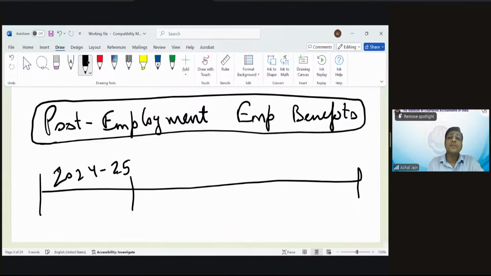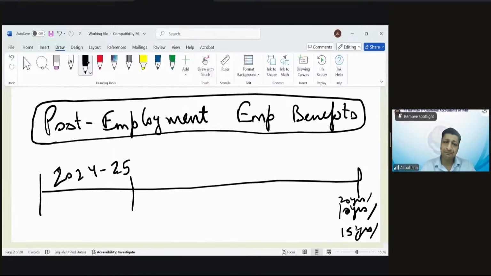And when is the benefit payable? At the time of retirement. Let's suppose retirement will happen after 10 years. It may happen after 15 years for some of the employees, after 20 years for some of the employees. Means sometime in future, this is payable.